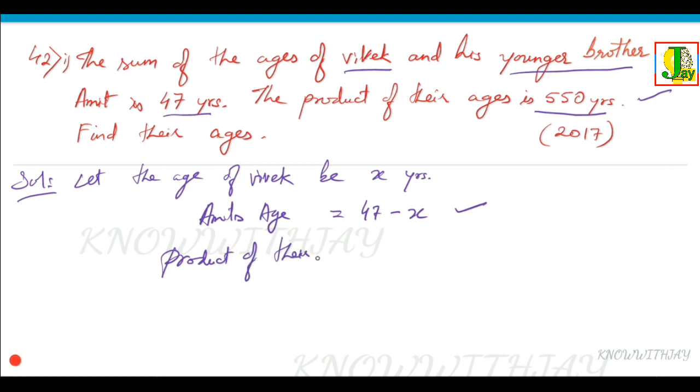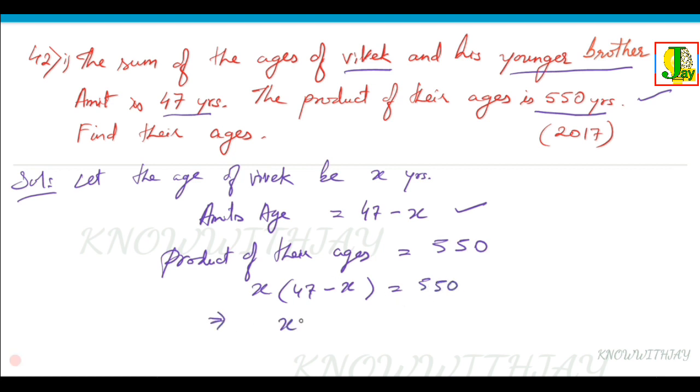So we know that the product of their ages equals 550 years. So we have x into 47 minus x equals 550. So it's that simple.